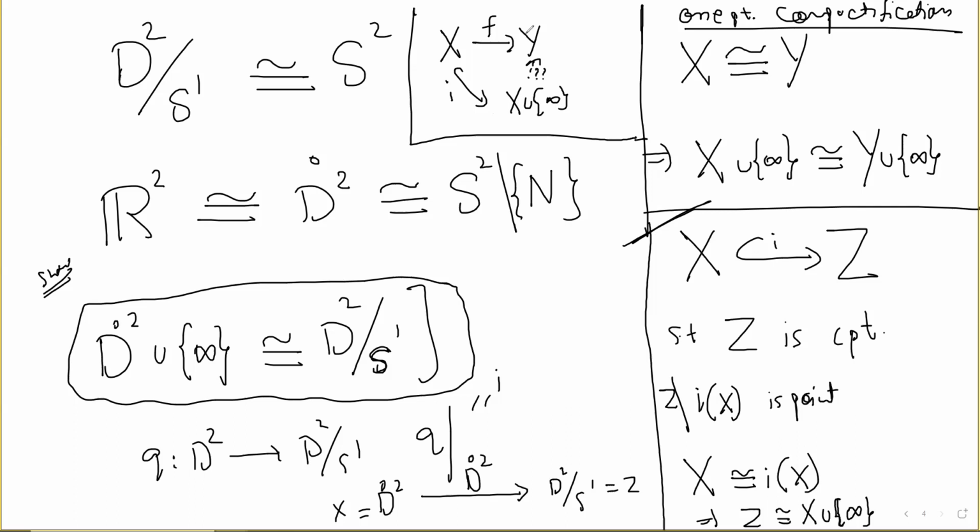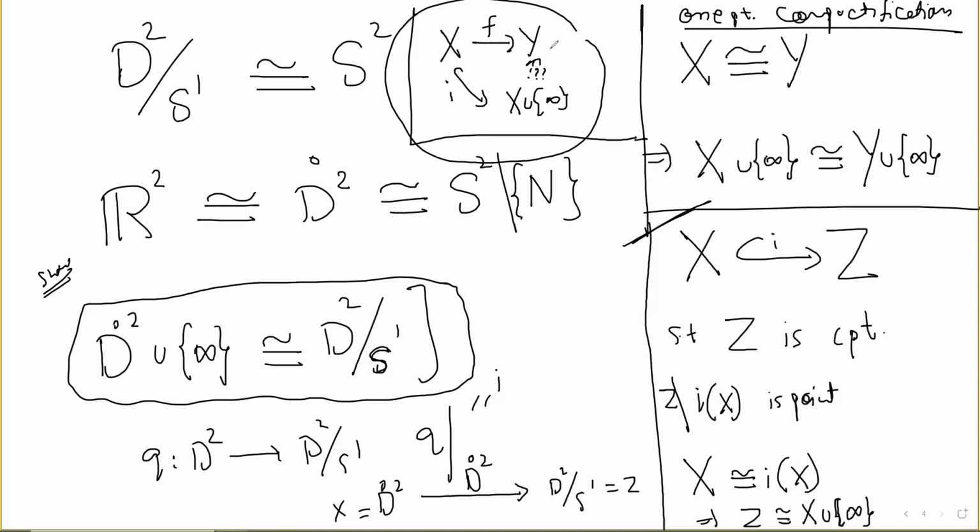And basically, this is what people say: you cannot extend every continuous map. You can give examples. Obviously, maybe the image of f has to be compact and so on. That is fine.